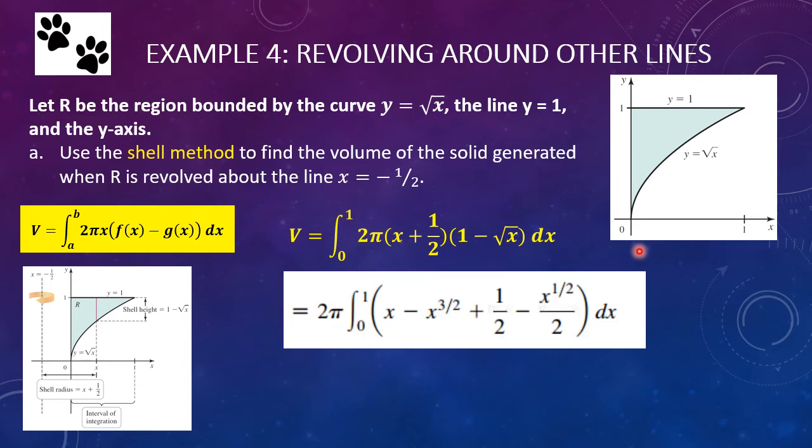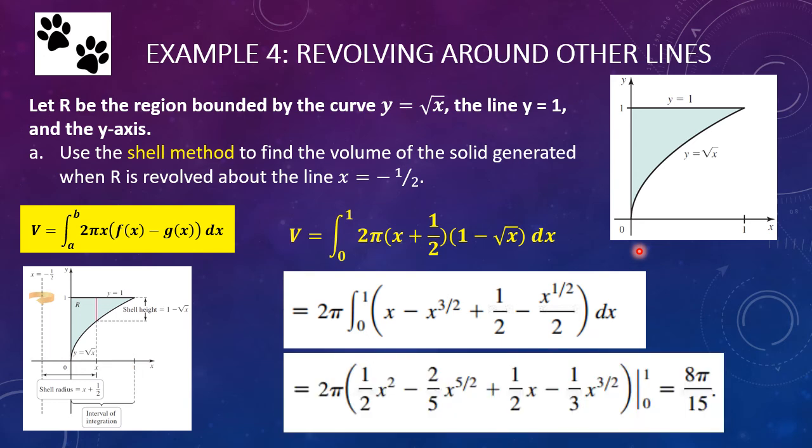If we plug this in and multiply this out and clean it up before we integrate, we get 2 pi times the integral from 0 to 1 of the quantity of x minus x to the 3/2 power plus 1/2 minus x to the 1/2 over 2, and all of this is differentiated with respect to x, dx.